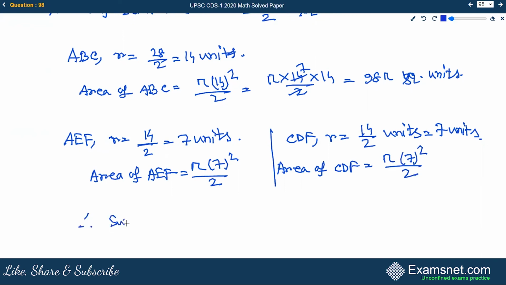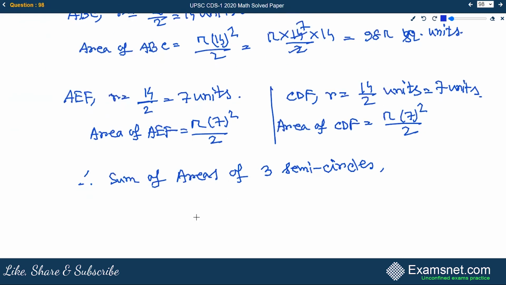So the area of CDF is pi r square by 2. Therefore, the sum of the areas of the 3 semicircles is 98 pi plus pi 49 by 2 plus pi 49 by 2 square units.